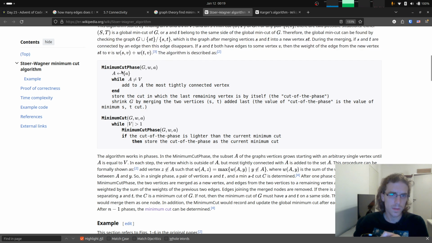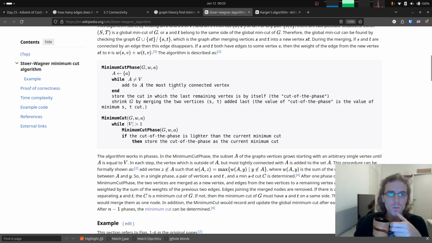The algorithm is described as this: minimum cut phase, G, W, a. I guess G is the total graph, weights are the weights, and A is, I have no idea what. It's distinct to V, and I like how V is not a parameter in here, but I guess V is the vertex set of G, sure.